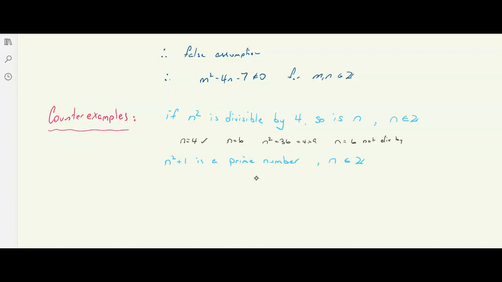An easier way of writing that is that it's not equal to 4k, where k is an integer. So therefore, statement false, statement false by counterexample.